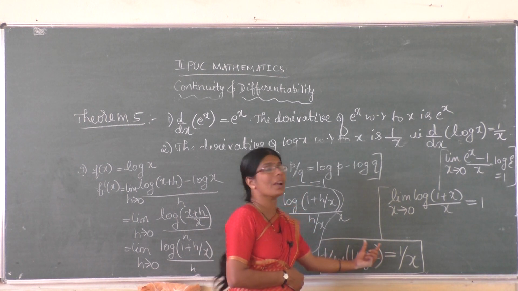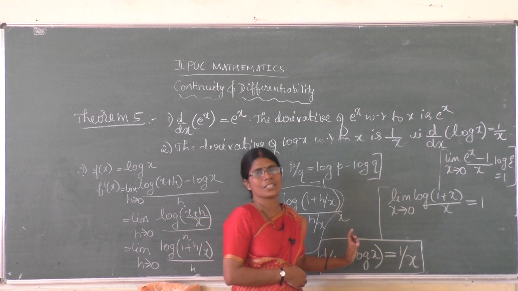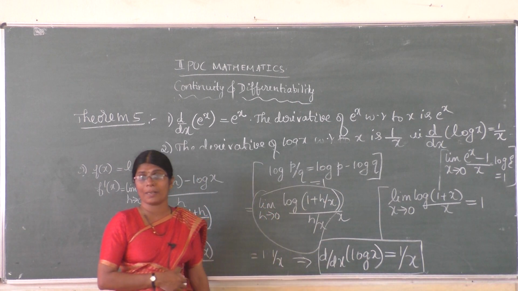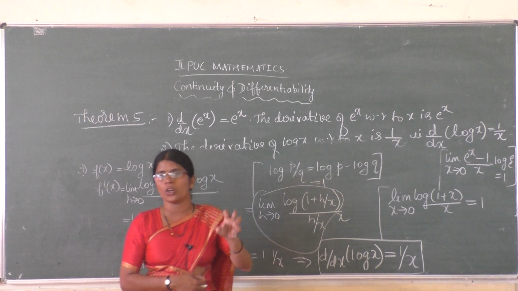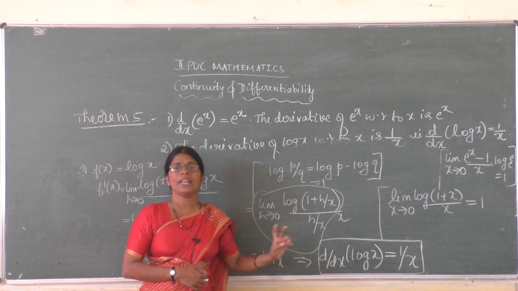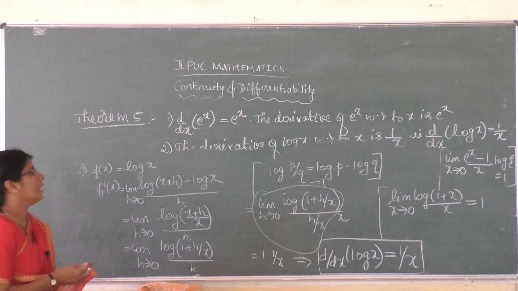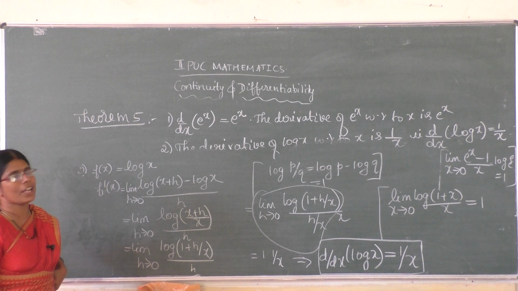Suppose log x to the base 2 is asked, then you have to find the derivative of log x to the base 2. You cannot write that equal to 1 by x. First you have to change the base to e. Then only you can differentiate. So this is about the natural logarithmic function and natural exponential function.